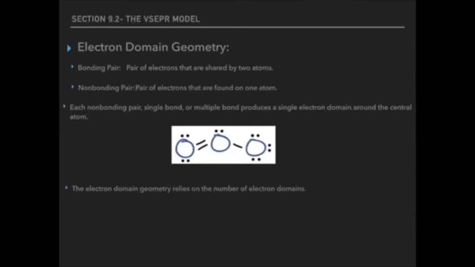And so the electron domain geometry simply relies on the number of electron domains. And so we'll look at examples in just one second. Now, that's the electron domain. The molecular geometry, that is actually the arrangement of the atoms in a molecule, not the geometry based on the number of electron domains. So let's look at some examples.